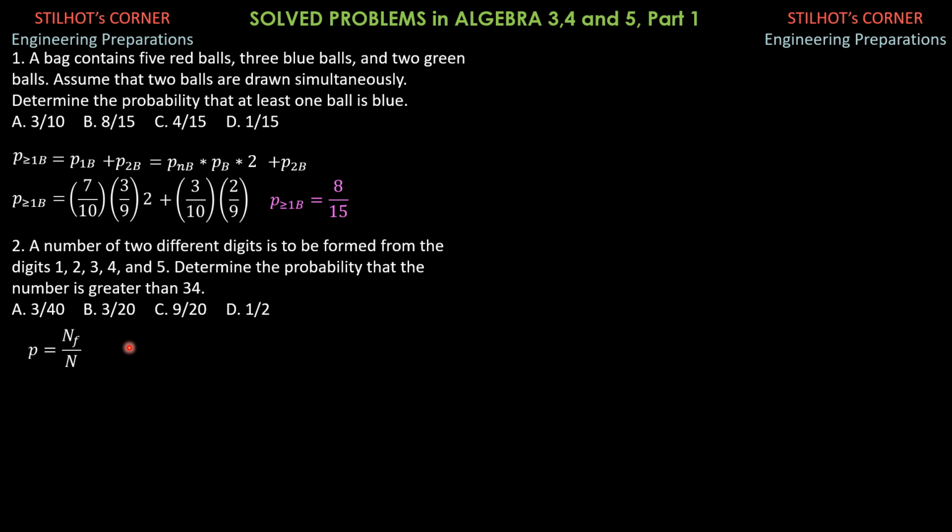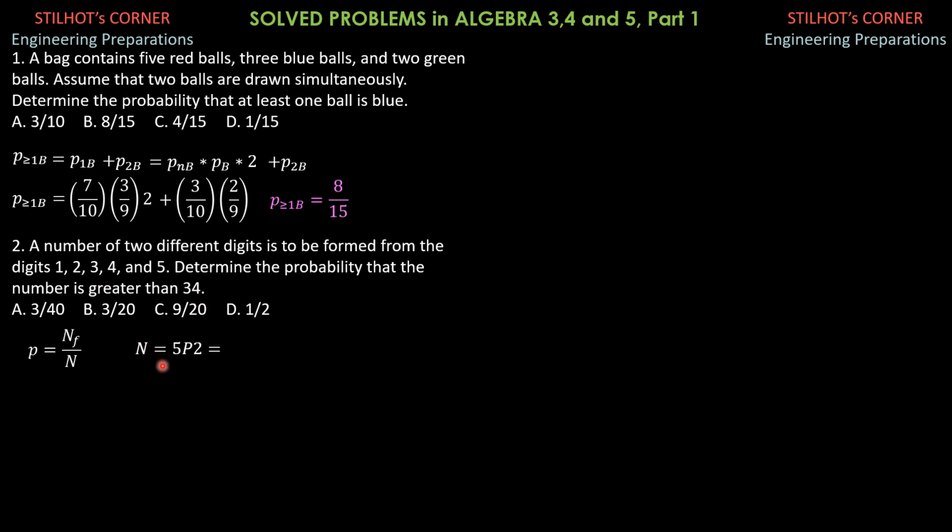For the favorable outcomes, take note the digits should be different. So for a 2-digit number which is greater than 34, it should begin with 3 first, and in that case, only 35 is greater than 34. So there's 1.